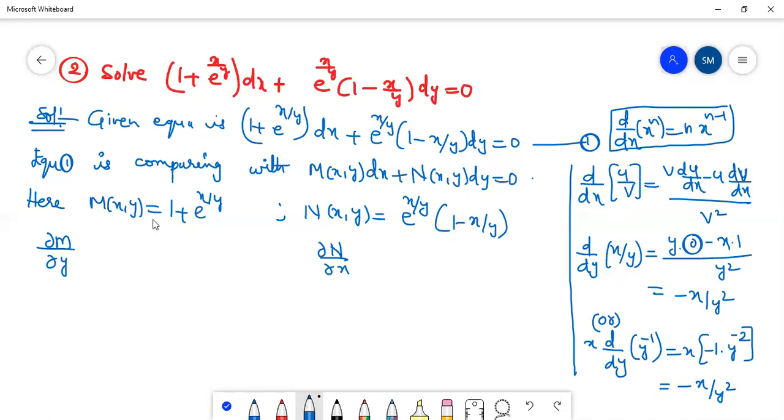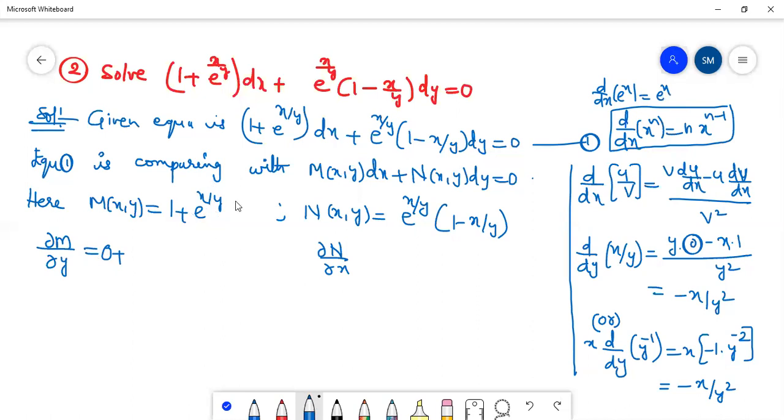So here, before doing this, I can explain this one. Here, M differentiated with respect to y: 1 is a constant, its derivative is 0, plus e^(x/y). We know that the derivative of e^x is e^x only.